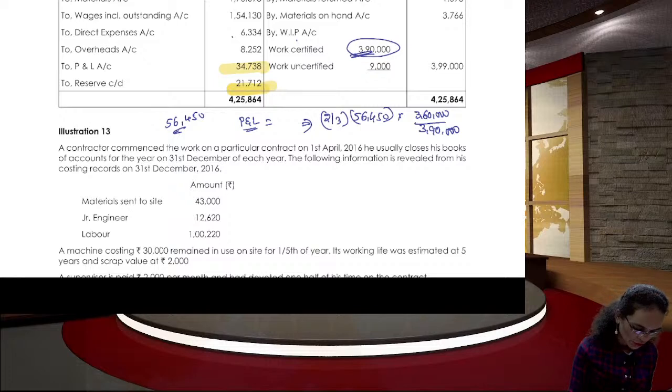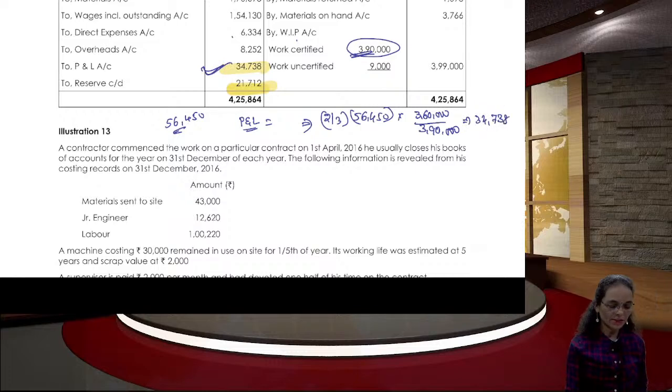Yes, you got it, this is the amount to be transferred to the P&L, that is 34,378. The difference between the notional profit and the transfer to the P&L will be your reserve, transferred to the reserve account.